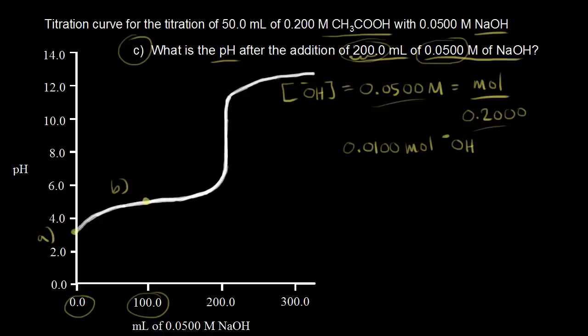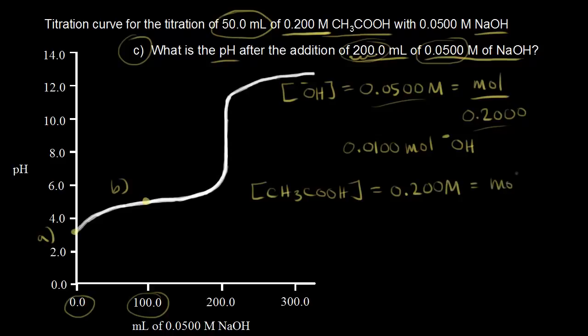How many moles of acid did we start with? Well, we had 50 milliliters of a 0.2 molar solution of acetic acid. So the concentration of acetic acid was 0.2 molar, and that's equal to moles over liters. 50 milliliters would be 0.05 liters.